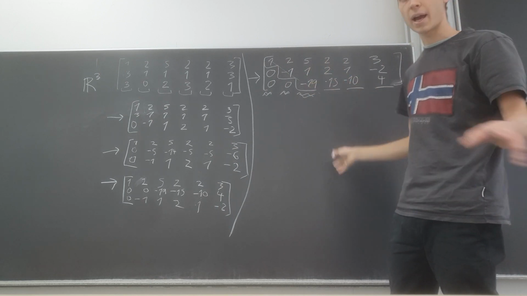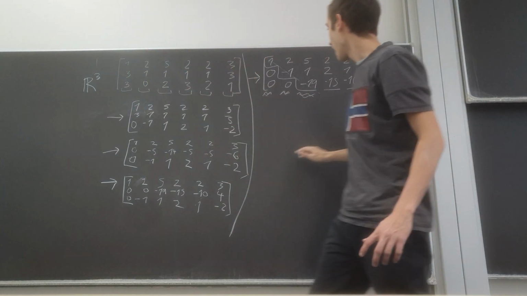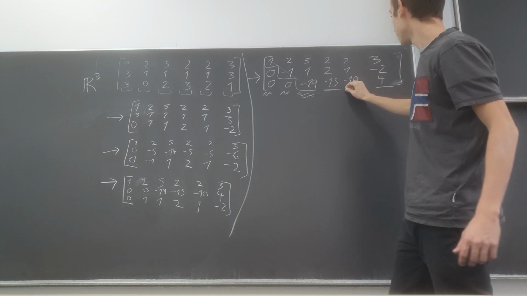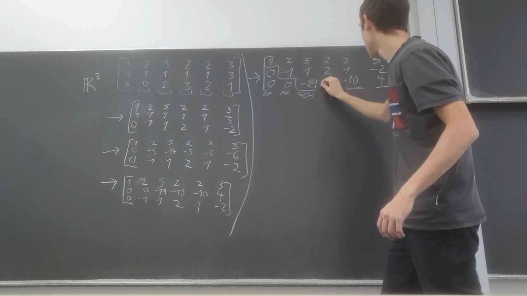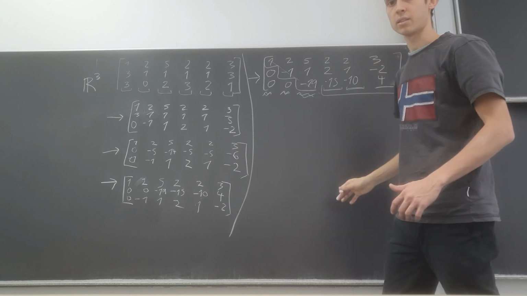Those will span all of it. Those will span what all of these span, and then the ones that are not a pivot column, that don't have a pivot, those are non-pivot columns, and those can be taken away. Those are redundant as far as the basis.